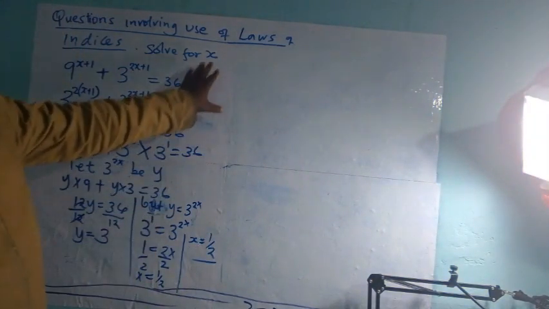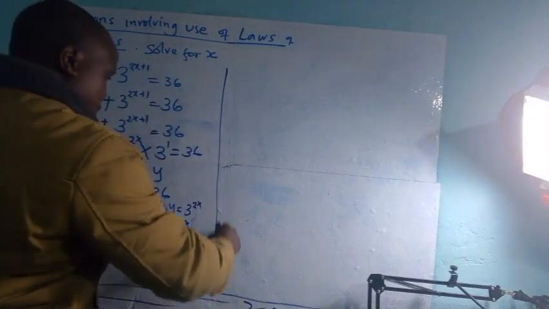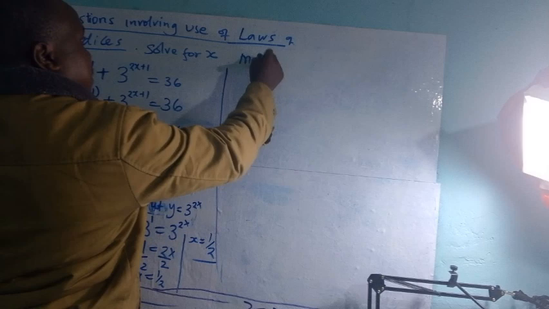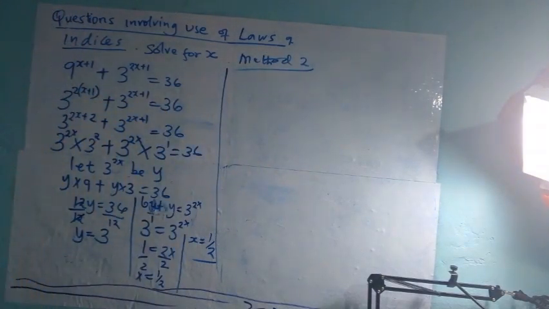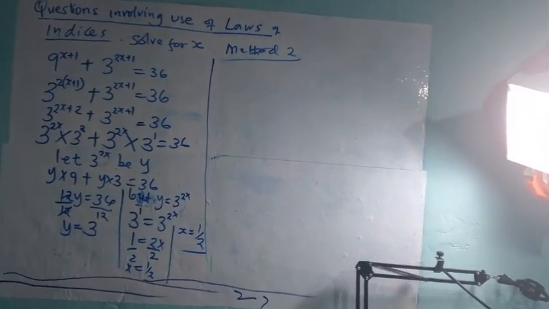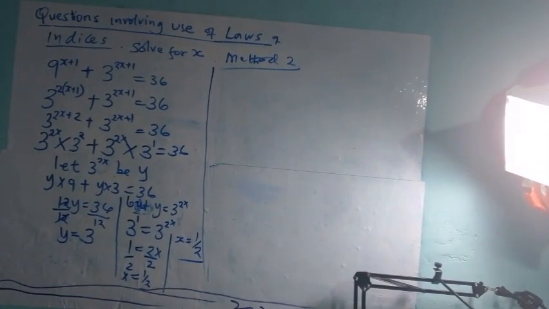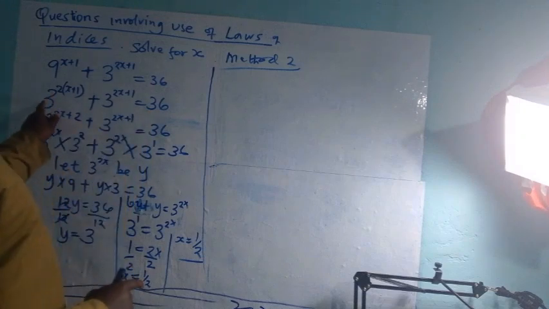But let me try to write this 36 using method 2. This one will remain the same.